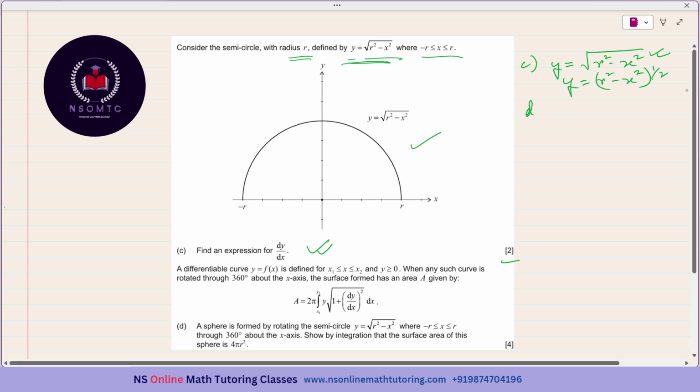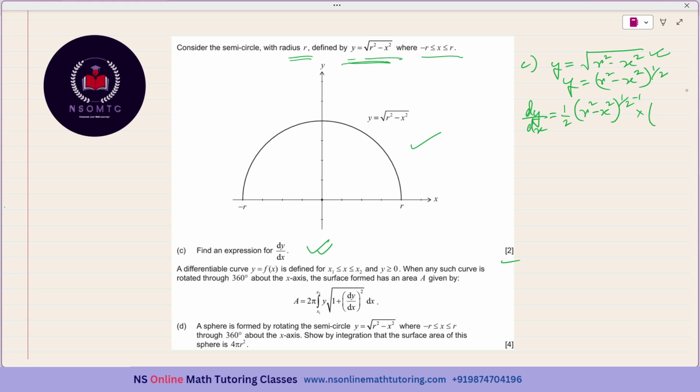So dy by dx will be equal to, the exponent will be coming down and the exponent will get reduced by 1. So half minus 1, and then we have to differentiate this part, r square minus x square. So this is equal to, r square is a constant, so its derivative will be 0.